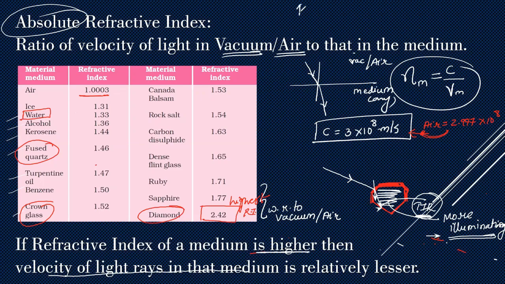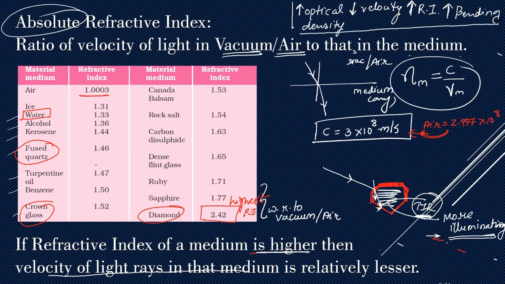The more the optical density, the lesser the velocity. The lesser the velocity, the more the refractive index. The more the refractive index, the more the bending of light. This is just in a nutshell what we did. Remember these small things. Understood?